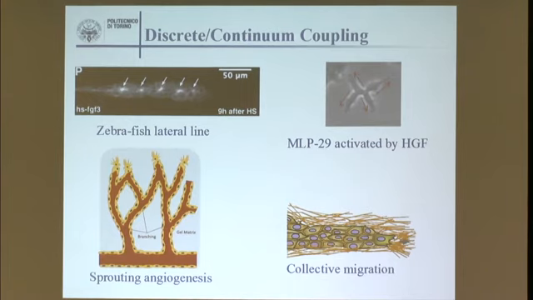Unfortunately, I cannot show you this movie here. These are some cells that are called MLP29. We were working on that several years ago, and they are activated by HGF, hepatocyte growth factor. When they are activated, the cells at the border tend to form this star-like shape.